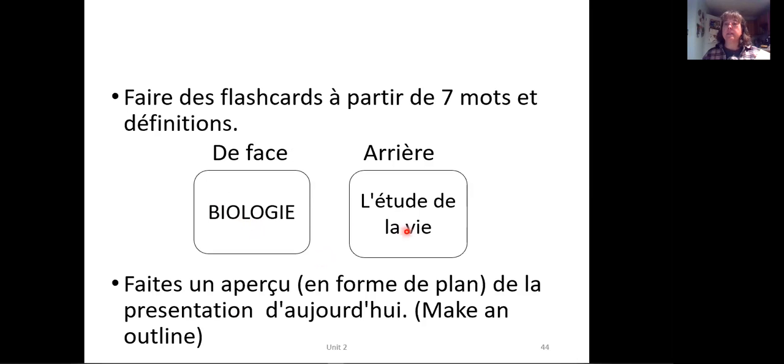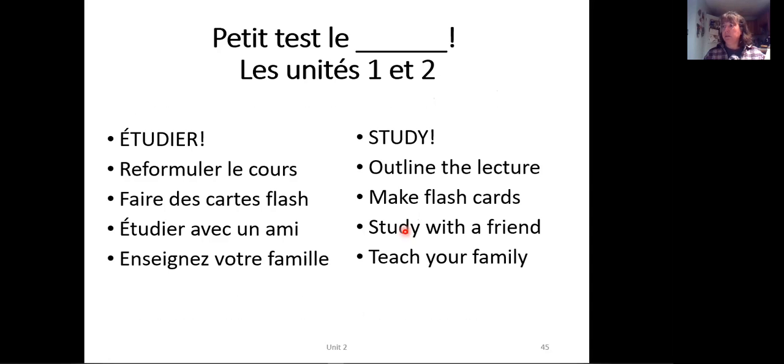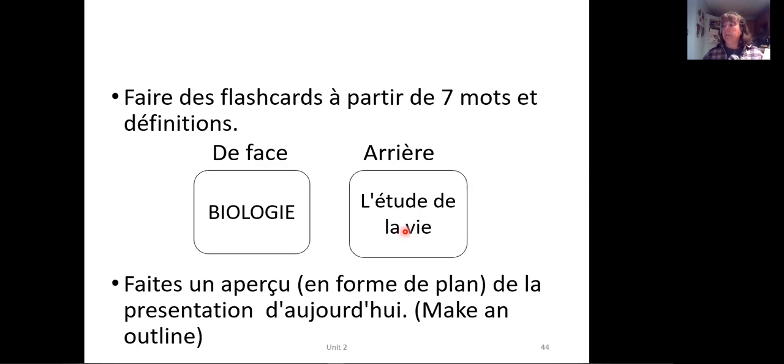The other side, I'm going to write the definition. So we can do that with all the technical terms that we learned in this lecture. And then you can practice by looking at the card. You see the term biology. What is biology? And you ask yourself, or you ask your friend, what is biology? And they say the study of life. And you can look on the back side and say, oh, that's true.